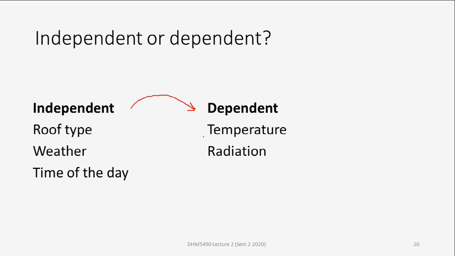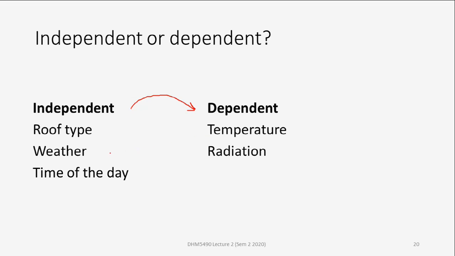Let's say if I change the roof type from bare roof to green roof, and then I observe a drop in temperature, maybe by 20 degrees, then that would be amazing.